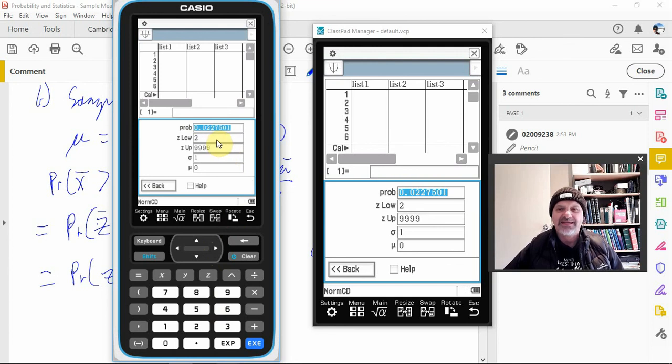The probability that a person selected, not at random from the population, but a person from our sample, is greater than 168 centimetres is 0.0228.